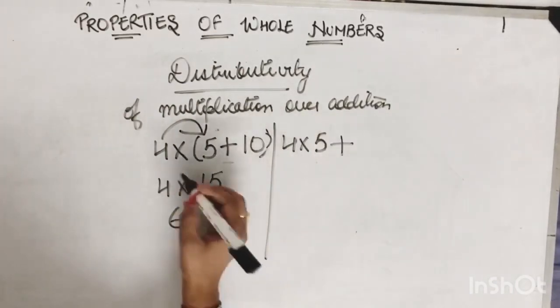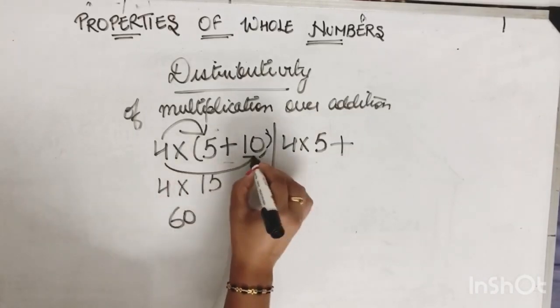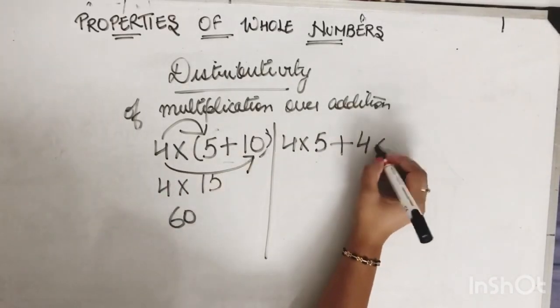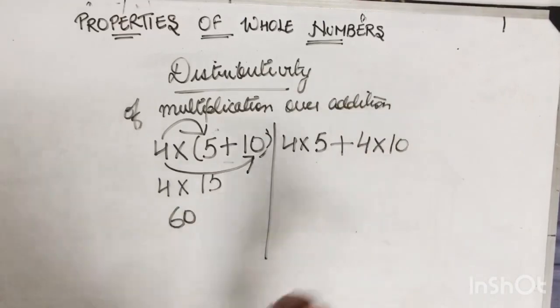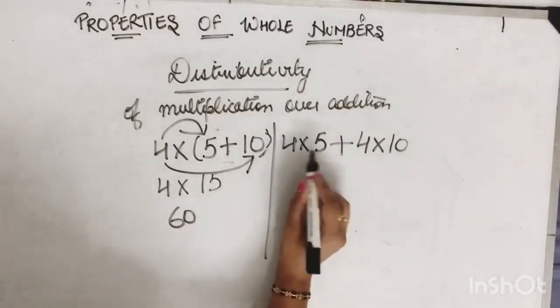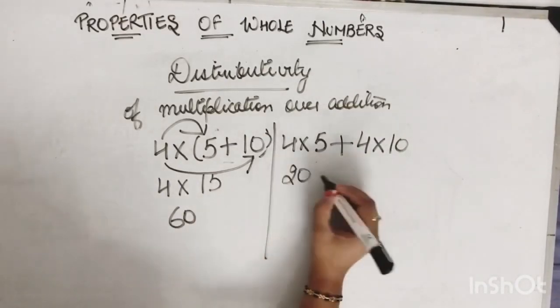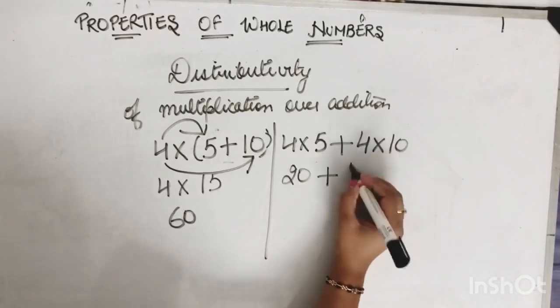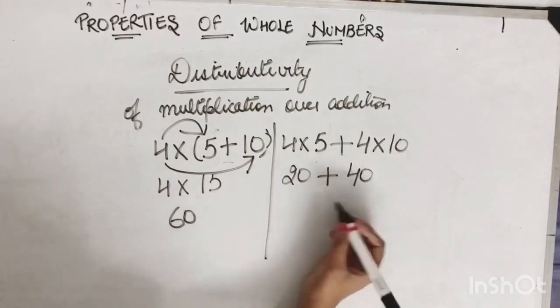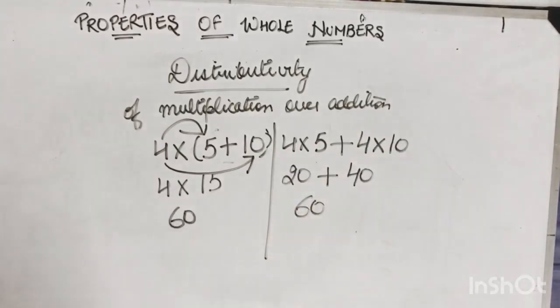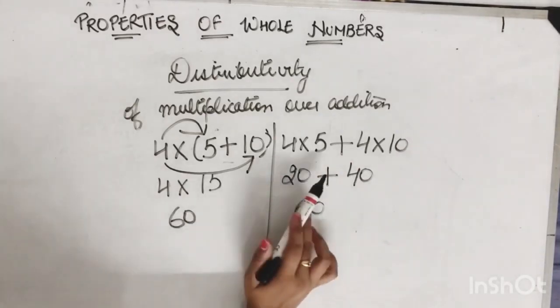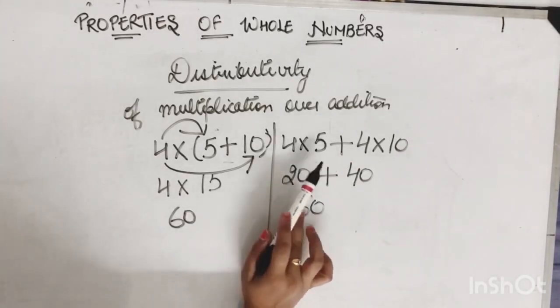Plus. Then multiply 4 by 10. 4 into 10. So now 4 into 5 is 20 plus 4 into 10 is 40. So 20 plus 40 is 60. So you can apply distributive property and open the brackets and then solve.